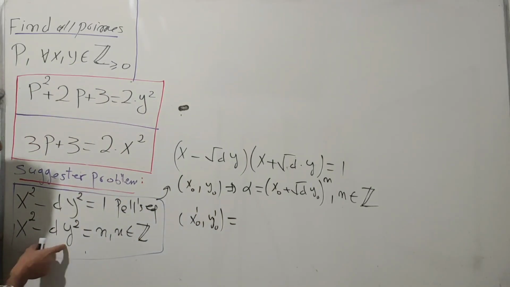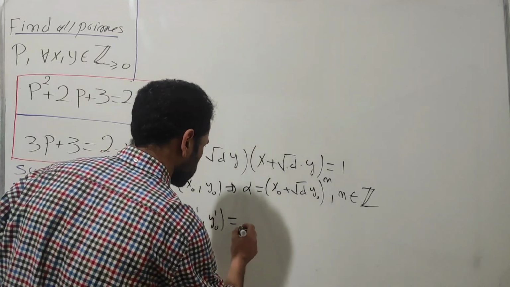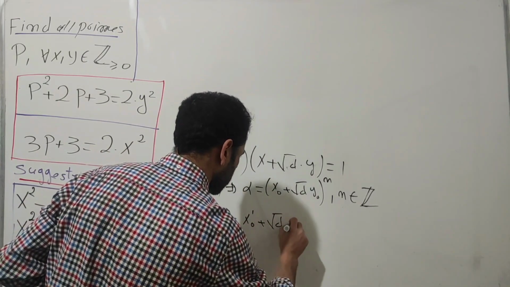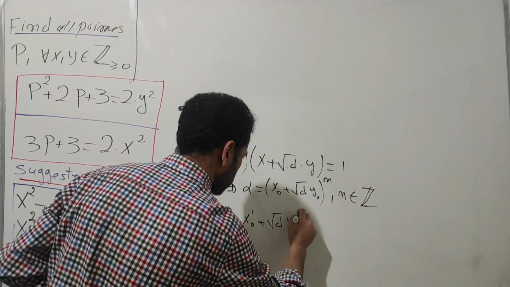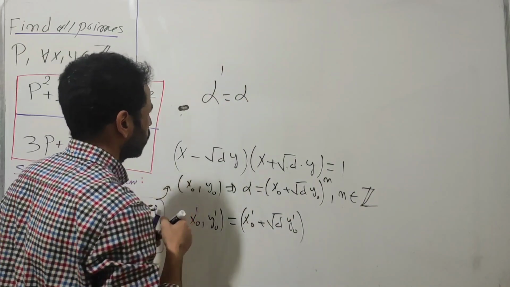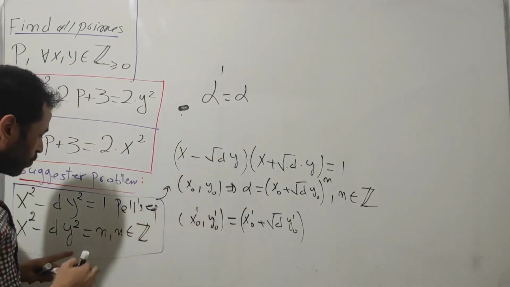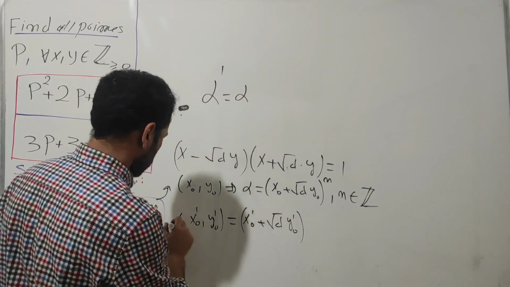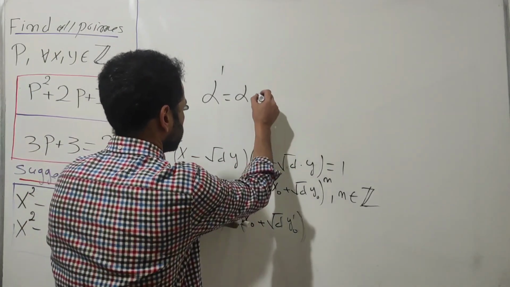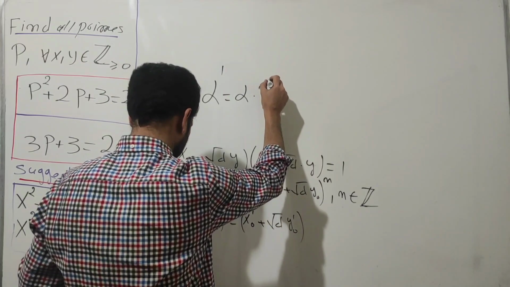Then write it in the form x prime 0 plus square root of d times y prime 0. Let's call this one beta. Alpha, the first one, is multiplied by beta.